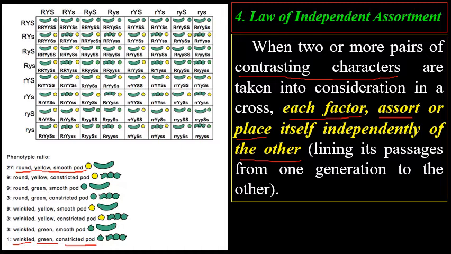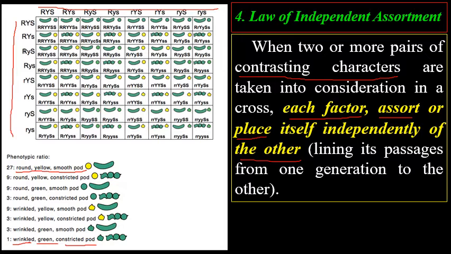So in the F1 generation, the hybrid round yellow smooth pod individual selfs and shows the gametes for the F2 generation. These are the gametes from one side and these are the gametes from the other side. They produce the individuals in this ratio.